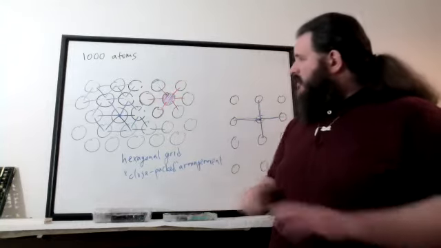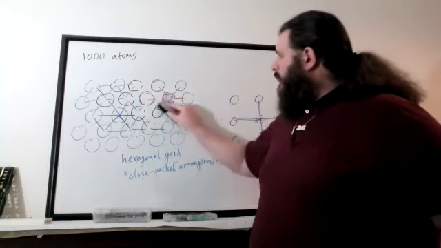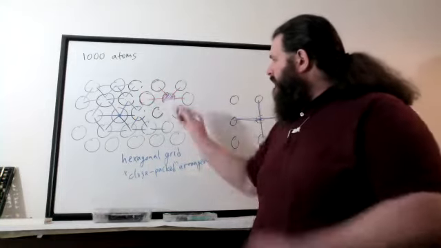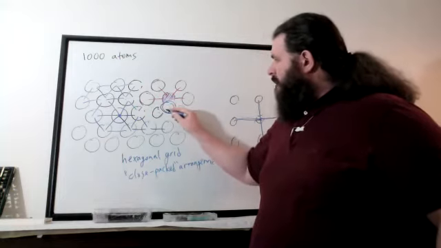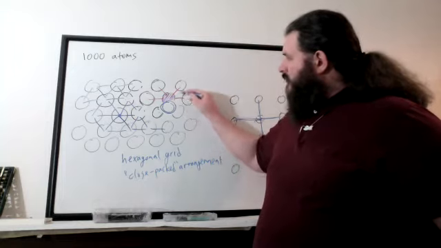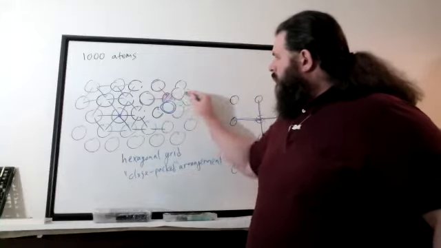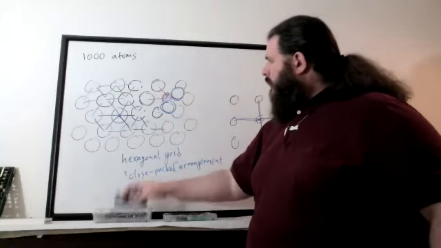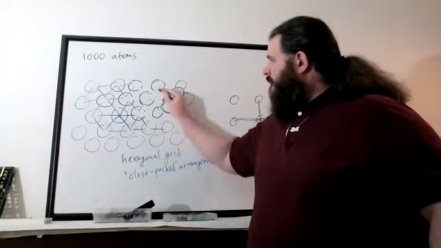If we stack these grids out and offset, we could have one more atom here, sort of nestled into that crevice there. We couldn't really put one here because it would overlap, but we could put one in the next crevice. And then this would overlap too much, but we could put one here in the next crevice.